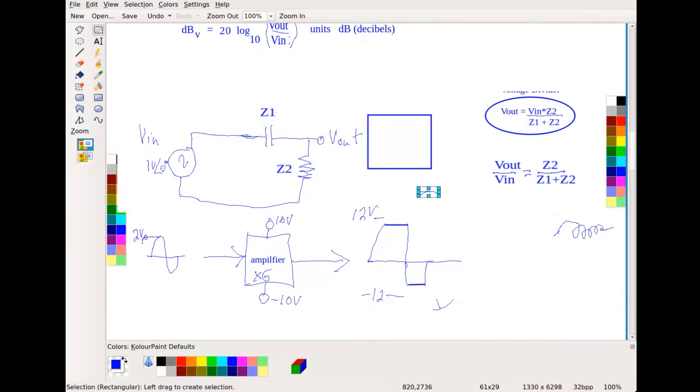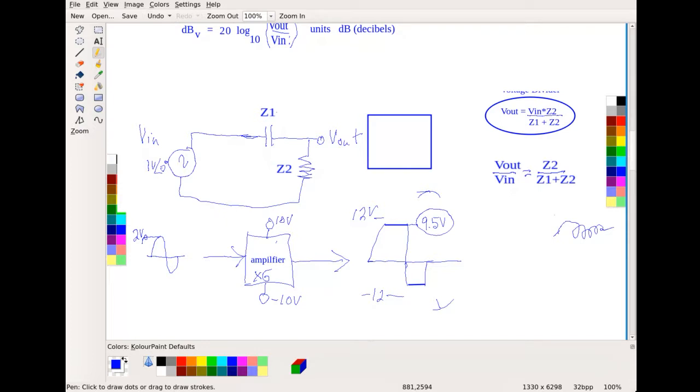A lot of times they refer to that as clipping. This maximum output value, which should be 12, is probably going to be about 9.5 volts. You might say it's going to be 10 volts, but in reality, even though we're feeding the amplifier with 10, it's going to saturate at something below that.